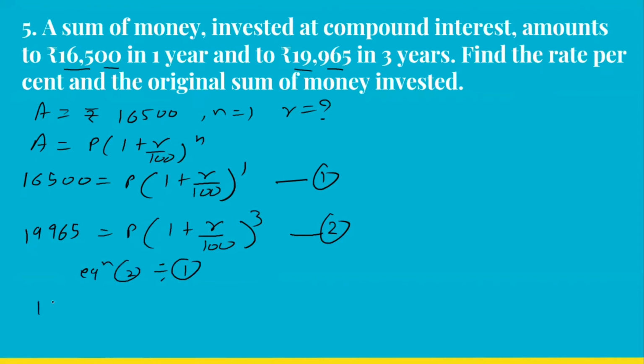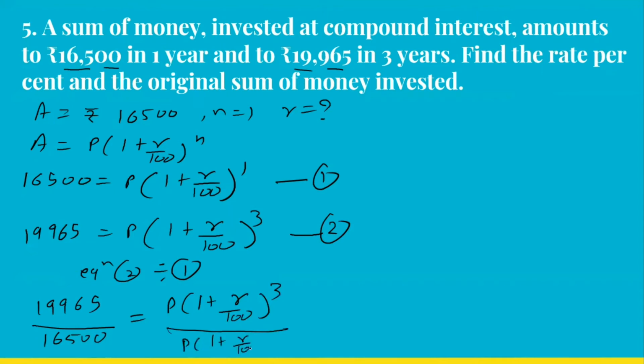So we get 19,965 divided by 16,500 is equal to P in bracket 1 plus R upon 100 raised to 3 divided by P in bracket 1 plus R upon 100 raised to 1. This P gets cancelled. A raised to M divided by A raised to N is A raised to M minus N, so 3 minus 1 is 2. We get 1 plus R upon 100 raised to 2.